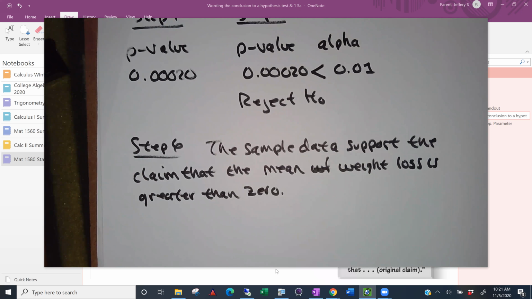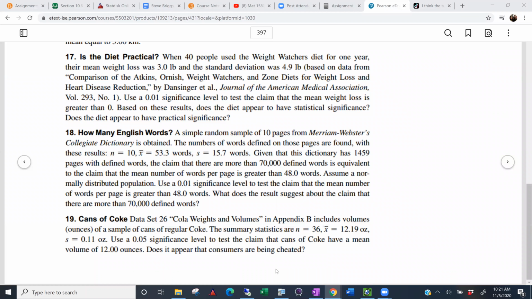Are we okay with our conclusion? Yes. Thank you. Let's look back now at the last couple questions here. Based on the result, does the diet appear to have statistical significance? What do you think?